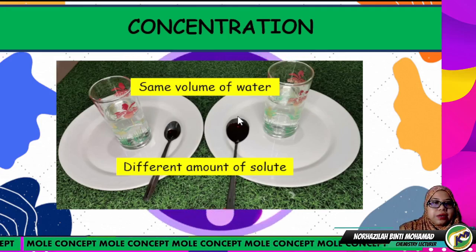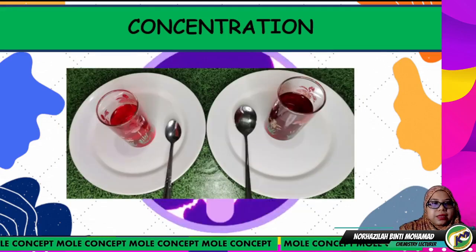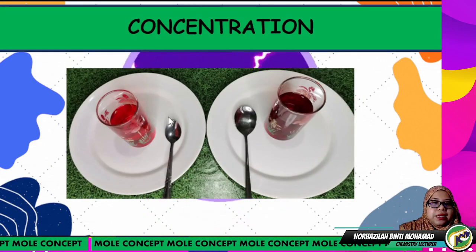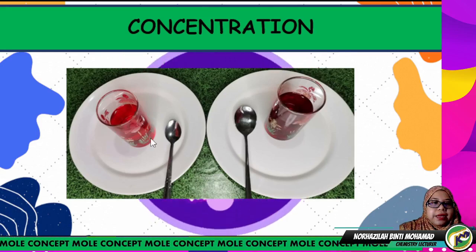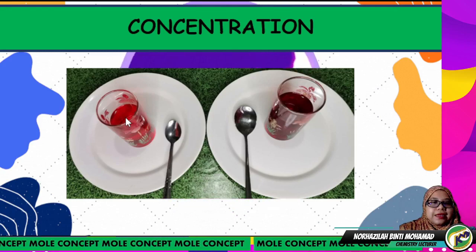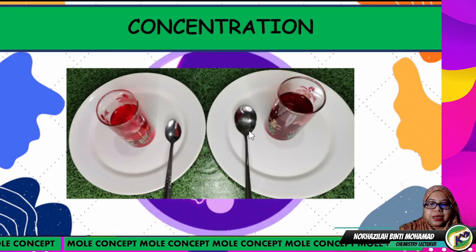Okay, so when I dissolve this solute into our solvent, which is water, I get this one. Okay, you see the red color that comes from the small spoon is lighter compared to the color that comes from the bigger spoon.